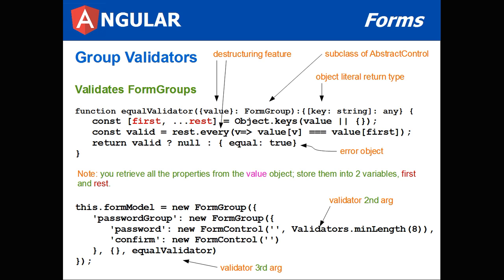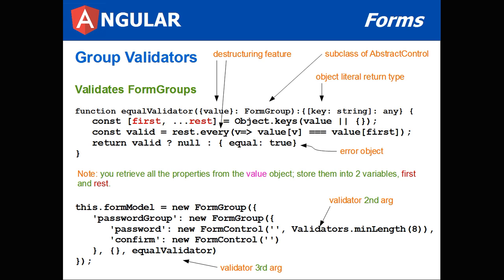Okay, group validators. Validates form groups. Suppose we have a function equal validator. We basically can use that for a form group. So a form group would get passed into that equal validator.